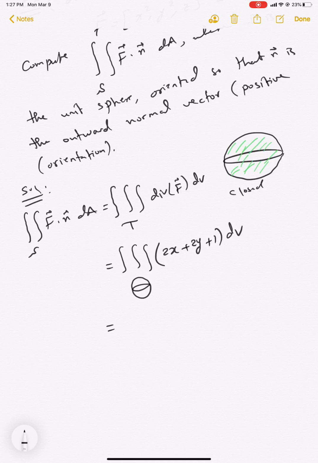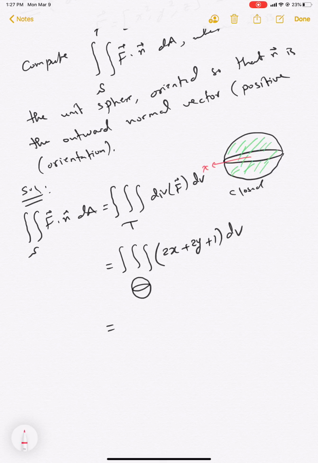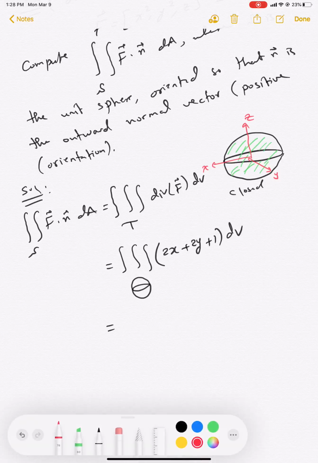Now, is this an easy triple integral? It depends how you look at it. Since you're dealing with a spherical region, the best way to do all the computations is using spherical coordinates. But instead, we can say, this is the x-axis, the y, and the z. We can easily see that this region of integration is symmetric with respect to the x, y, and z values.